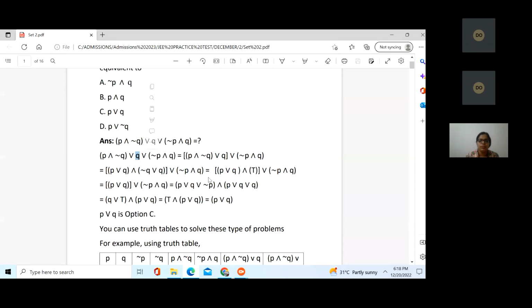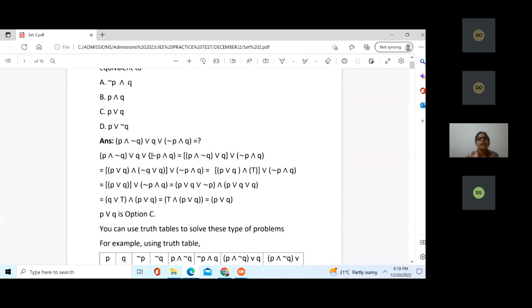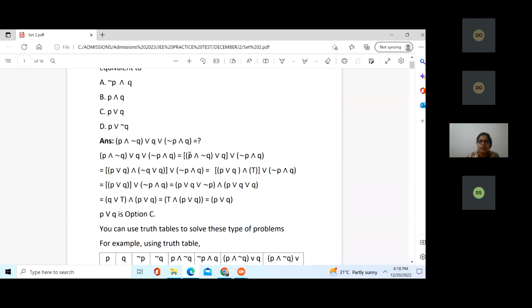So it will be P and negation Q, or negation P and Q. Now I'll be able to split these terms. I can write this as P or Q and negation Q or Q.